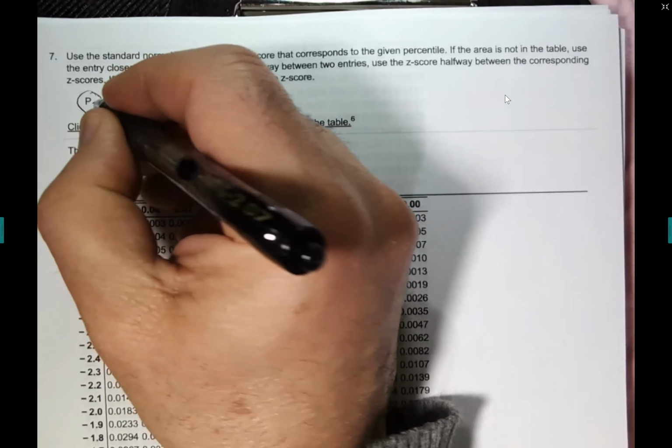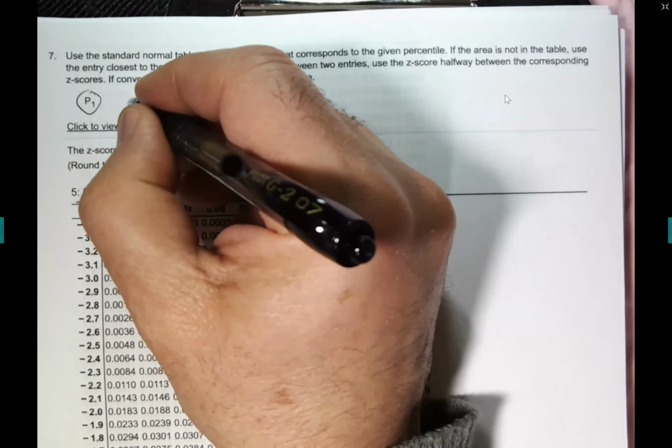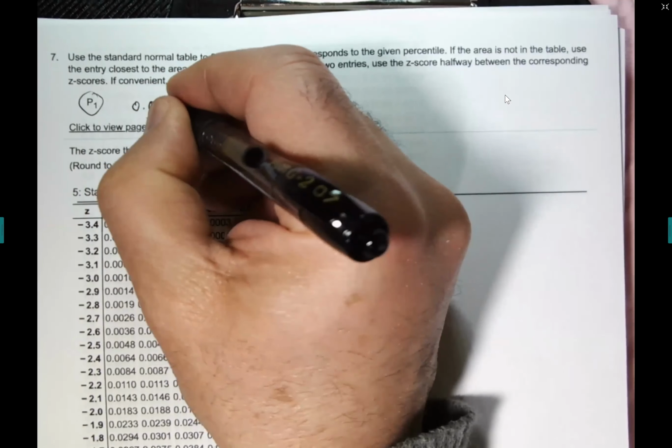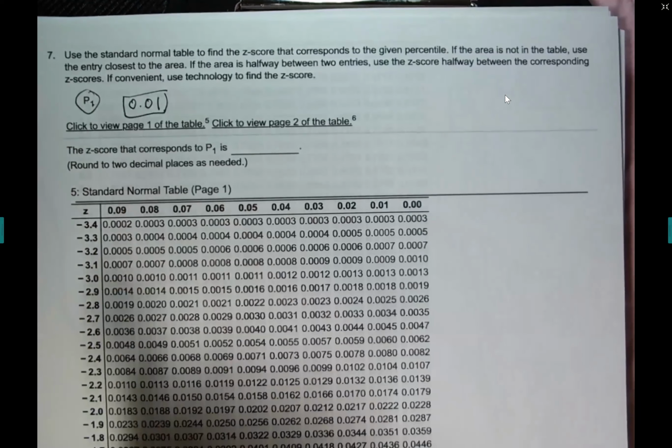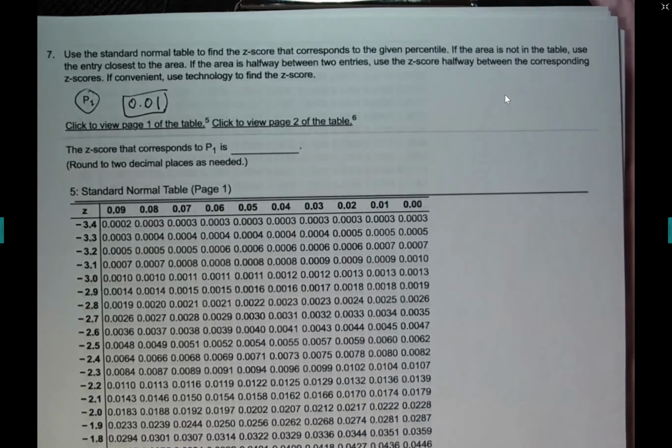So when he gives you a percentile, P1, guys, it's 1%. 1% means the area is 0.01. So you just take this number right here and convert it to a percent. If I tell you guys you scored on the test in the 75th percentile, it means 75% of the students score below you, to the left of you. So that's what a percentile means.